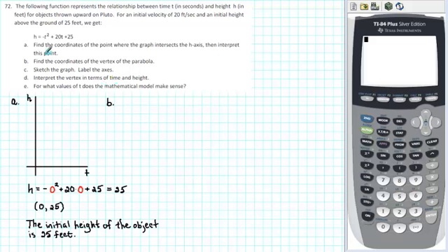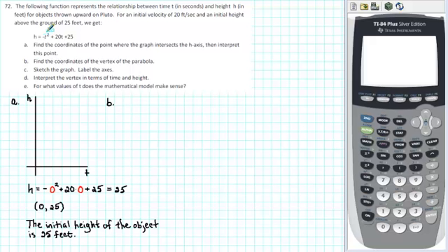For part B, we're asked to find the coordinates of the vertex of the parabola. Notice that h is a quadratic function and the leading coefficient is negative 1. Therefore, the graph of the parabola opens downward and the vertex will be at the highest point.